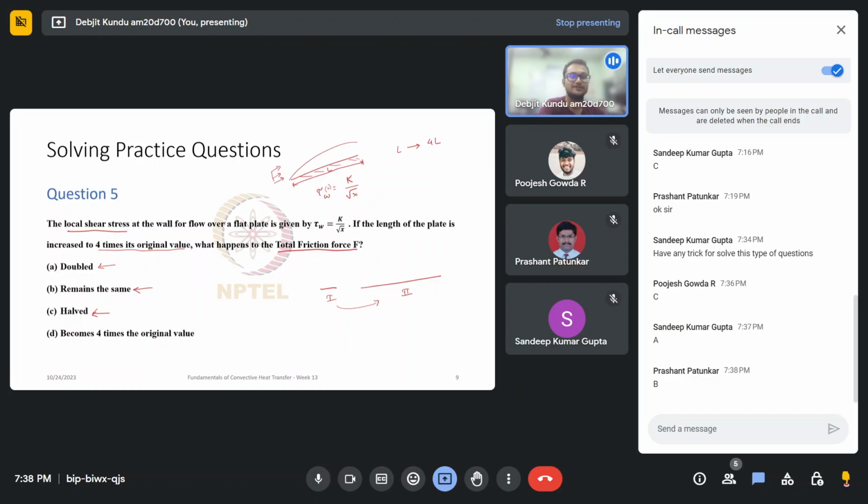So let's look at what happens. The correct answer is option A, doubled. Now, how do we get there? We first have to find the total frictional force F. If tau is some k into x to the power minus half, the total frictional force is the integral from 0 to L of tau w into dx.